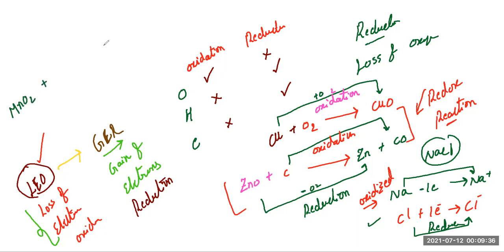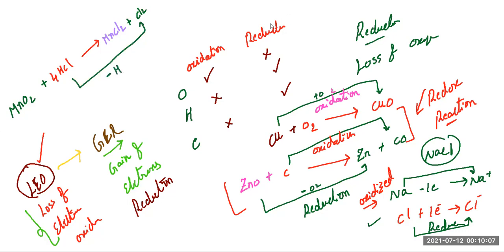When MnO2 reacts with 4HCl, what's happening? Let's see the reaction. You're getting MnCl2. So Mn is losing an oxygen, so it is reduction. And what is oxidation here? You're getting Cl2. Let's see HCl: when it's coming to the product side, it is losing hydrogen.